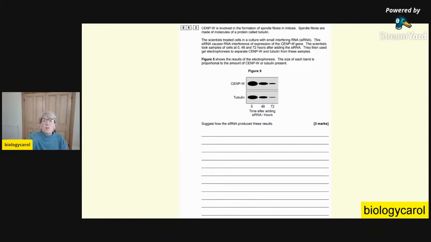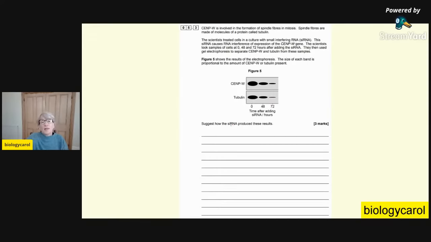The scientists took samples of cells at these times. After adding the siRNA, they then used gel electrophoresis to separate these 2 proteins from these samples. And here are the results. And it tells you that the size of each band is proportional to the amount of protein present.